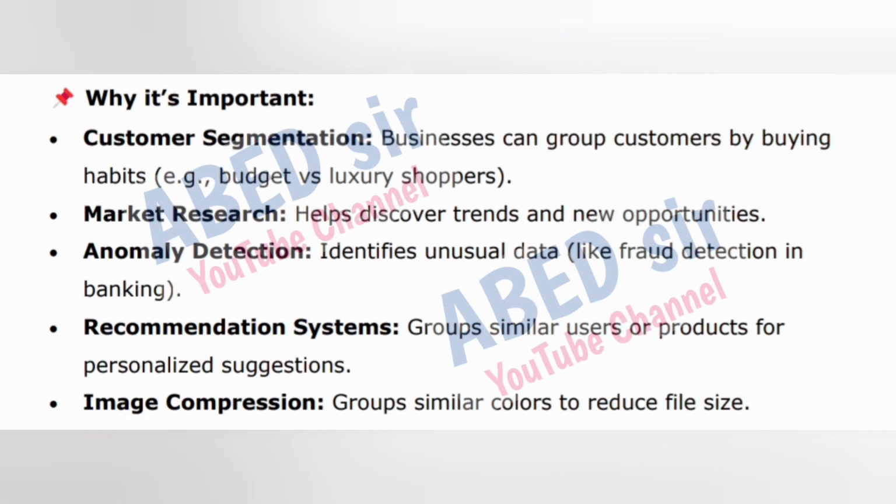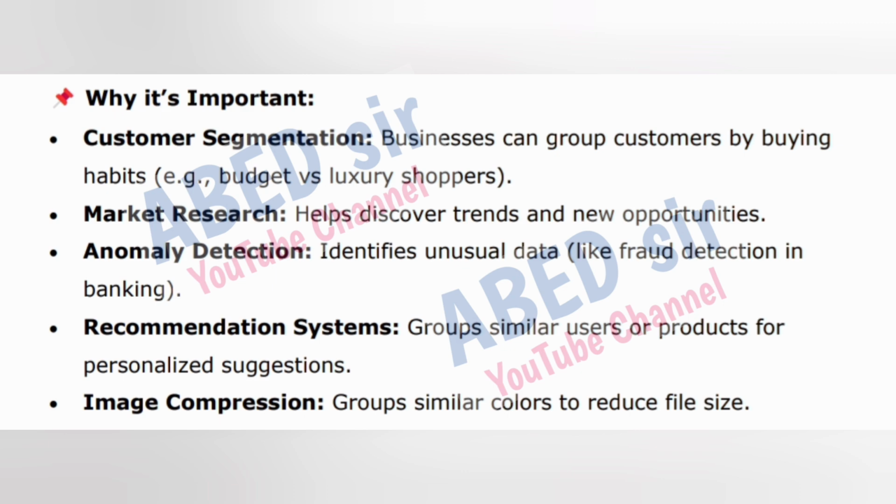Why is it important? Customer segmentation: businesses can group customers by buying habits, for example, budget versus luxury shoppers. Market research helps discover trends and new opportunities. Anomaly detection identifies unusual data, like fraud detection in banking. Recommendation systems group similar users or products for personalized suggestions.